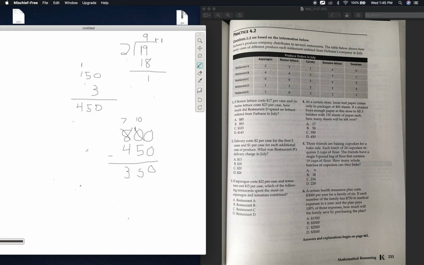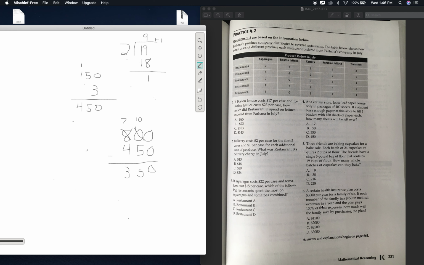So let's see which one is less expensive. How do we do that? Well, if each member of the family pays 750 in medical expenses in a year, so let's do that. There's 6 members.